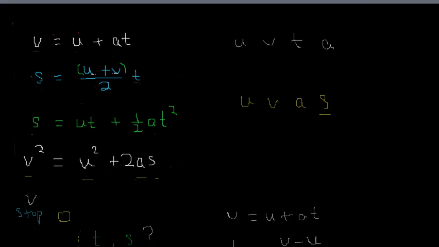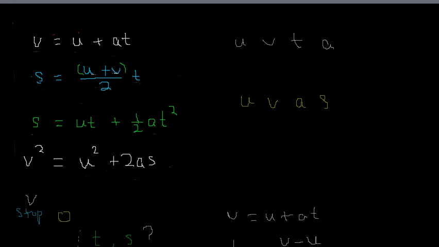This contains U, V, A, and S. So this is what I need. Brilliant. And since S is the one that I want to solve for, I'll do it by rearranging this equation to make S the subject.